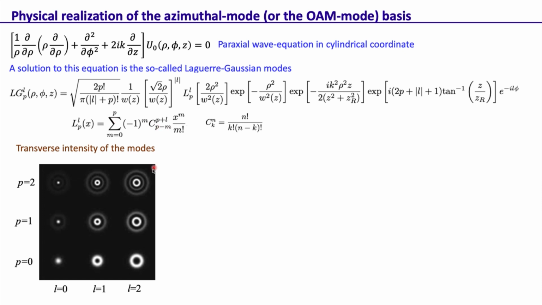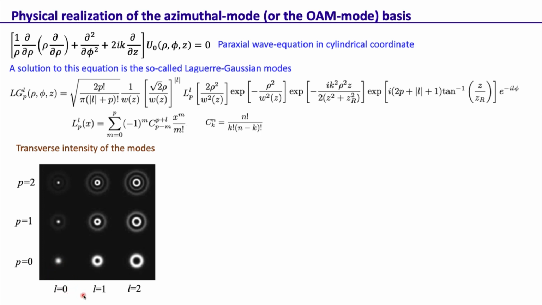The transverse intensity of these modes, if you just plot the transverse intensity of these modes at any given z, they are like this. So if P equal to 0 and L equal to 0, the mode looks like this. This is called the Gaussian mode, which is what we have when we have a laser beam or laser pointer, that's usually a Gaussian mode. That's P equal to 0, L equal to 0 mode.